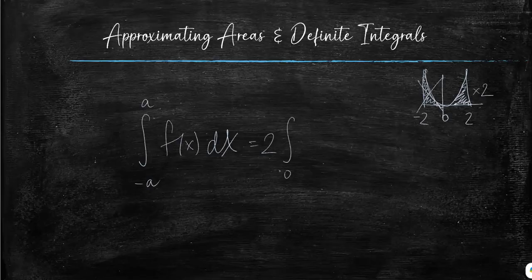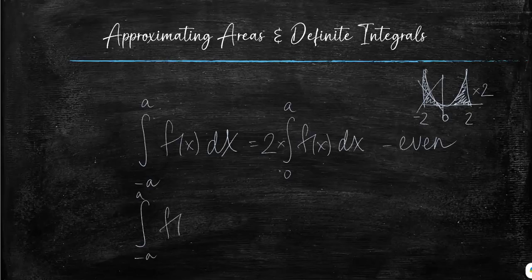So what it means is when your function is even, we sometimes just integrate from 0 to a and multiply it by 2 instead of integrating from -a to a. On the other hand, when you're doing the same thing, meaning integration on the symmetric interval, for an odd function, it will be a function like x cubed.